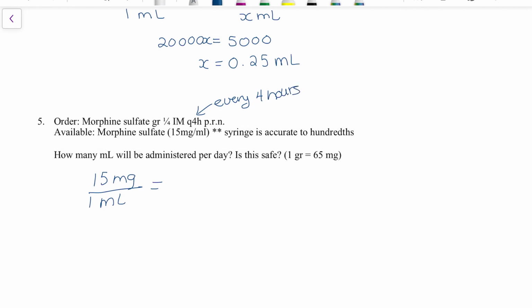So we need to put that grain into milligrams. So we're going to do 1/4 grain times 1 grain being 65 milligrams. And I get 16.25 milligrams.